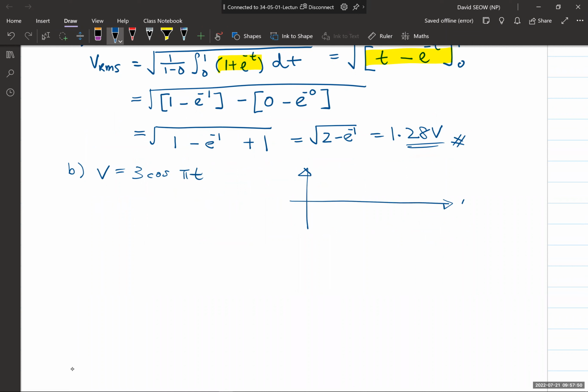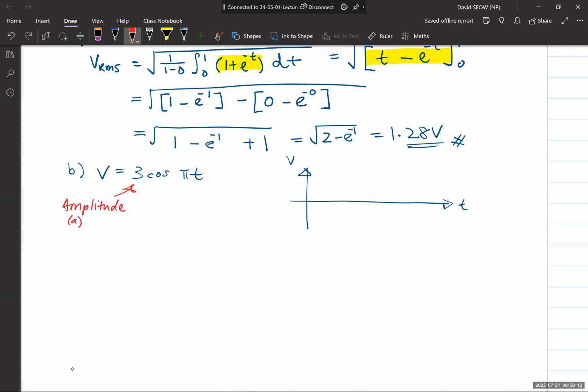So this is t, this is V. Alright, so what is 3? What is this 3 called, for a trigo function? Amplitude, right?